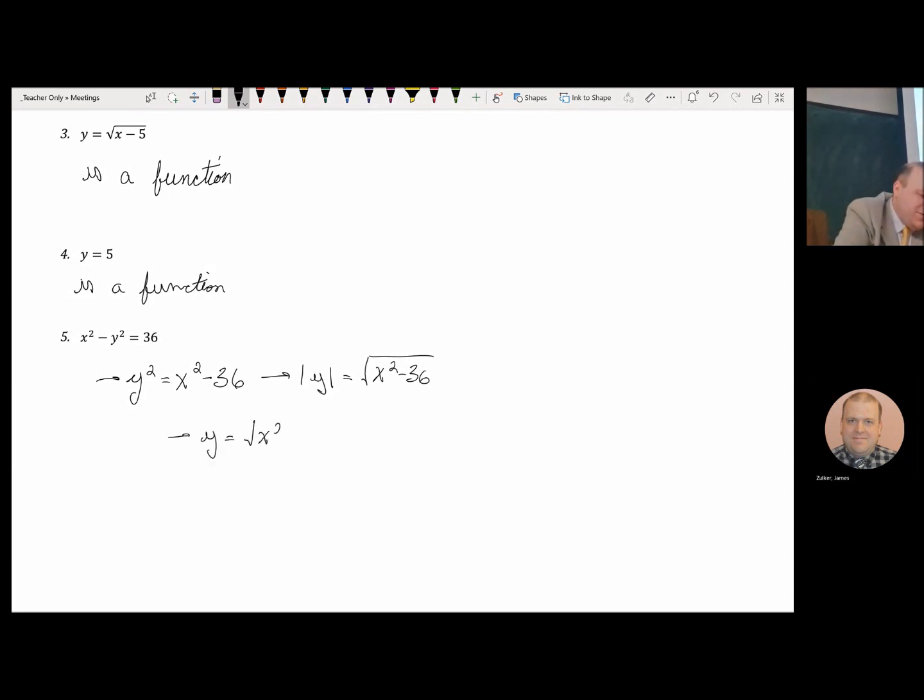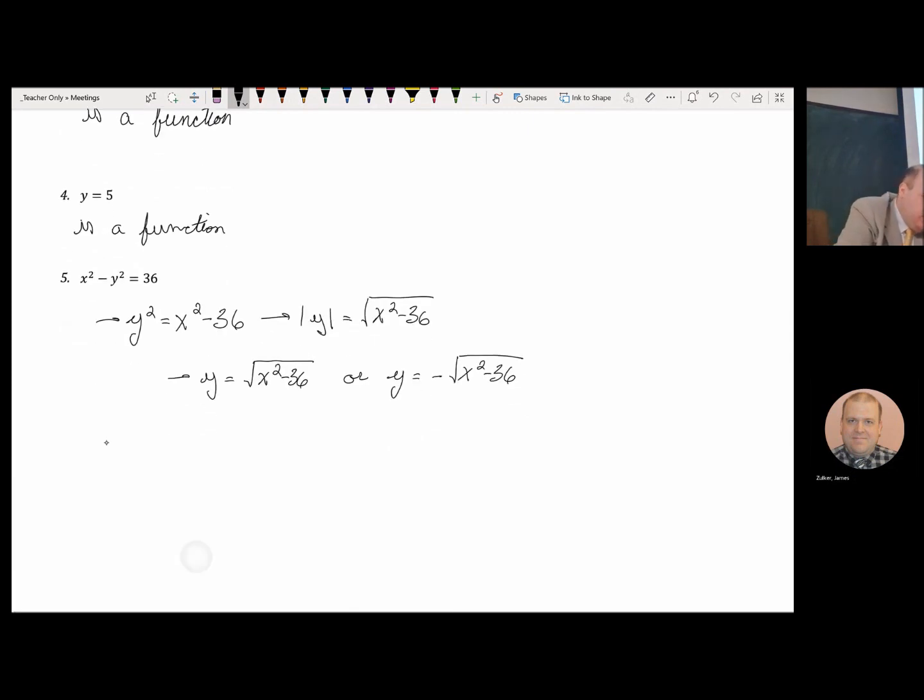That means that y is the square root of x squared minus 36, or negative square root of x squared minus 36. And if you pick a value for x, you're going to get two values for y. So that is not a function.